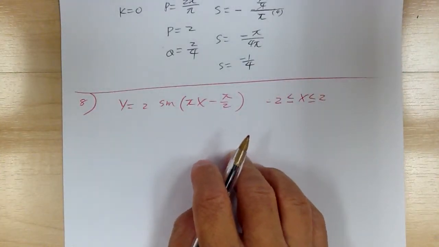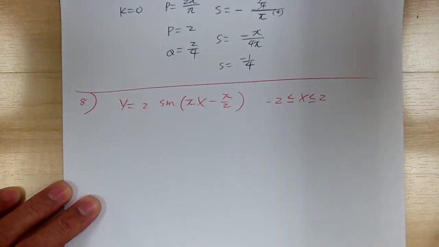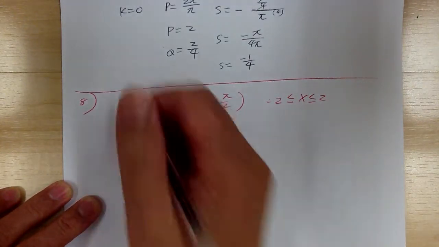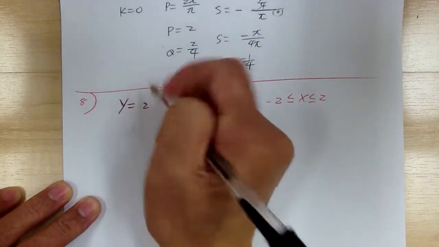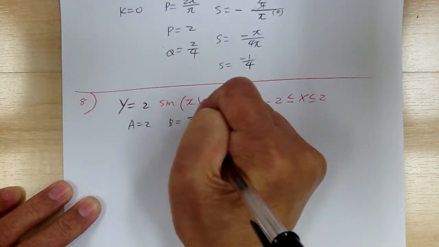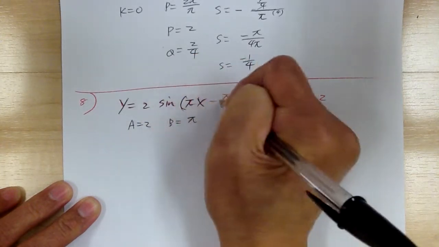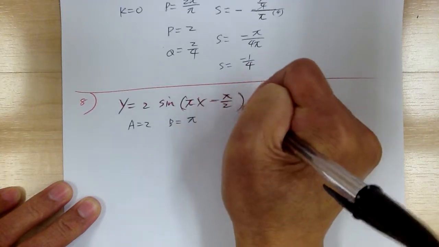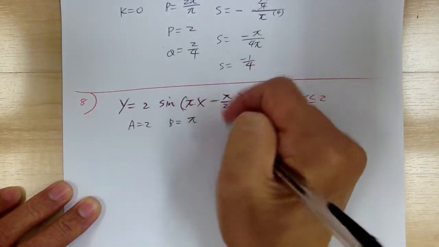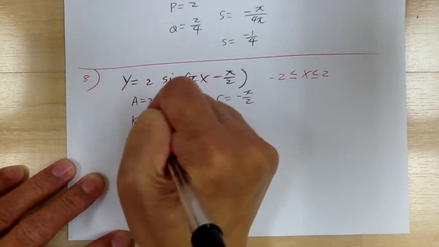Okay. So let's go and get all the information together. So A is equal to 2, B equal to pi. So that's your A, B, C. C equal to negative pi over 2. So in this case, K equal to 0.